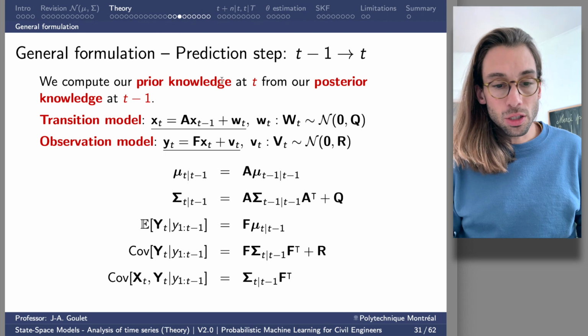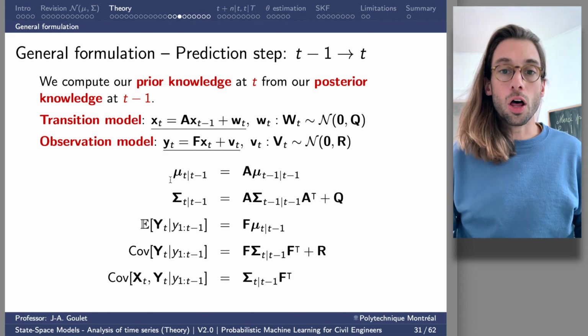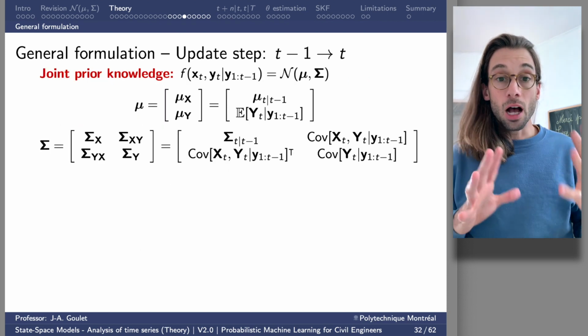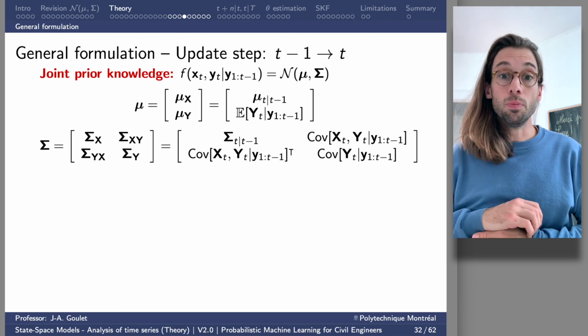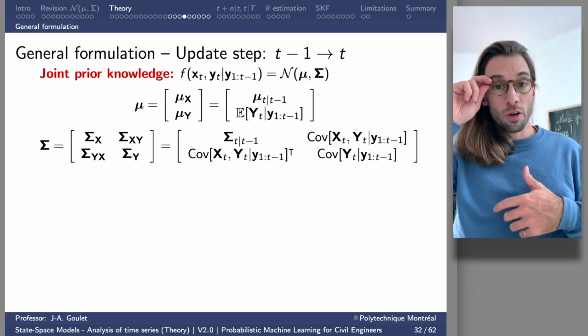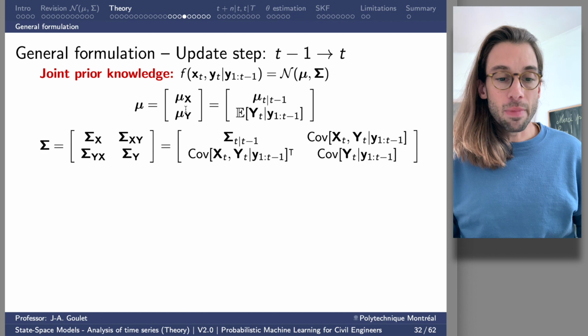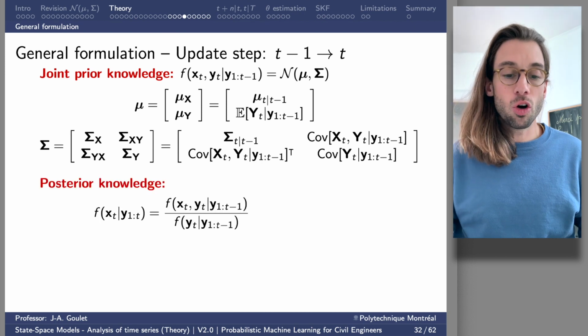Okay, so based on that knowledge, I can define all of these equations. And all of these equations allow me to build my joint knowledge for my joint vector x and my joint vector y. So I can concatenate my expected vectors, I can concatenate my covariances.